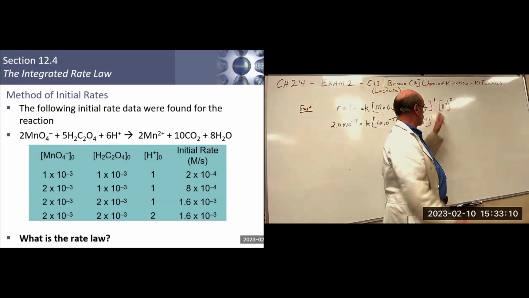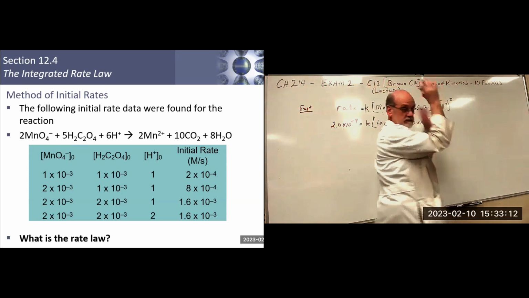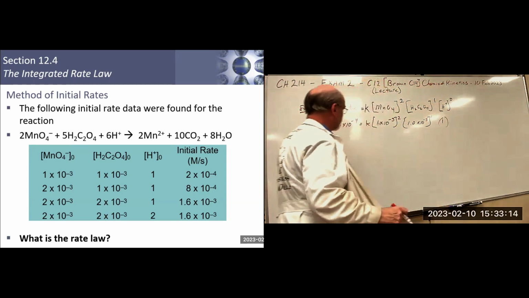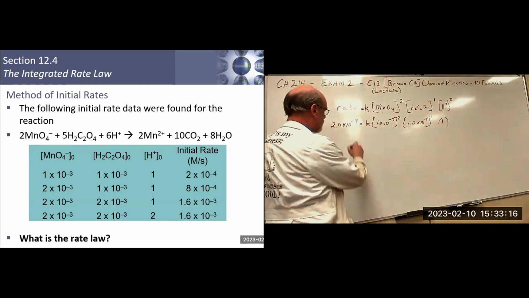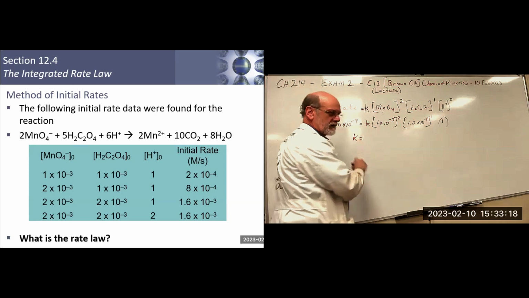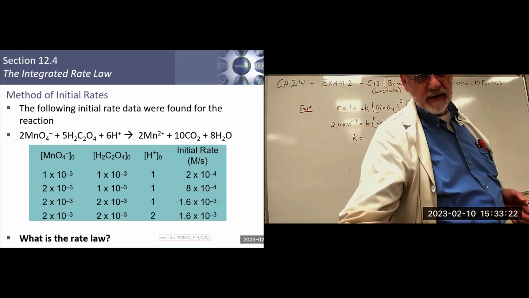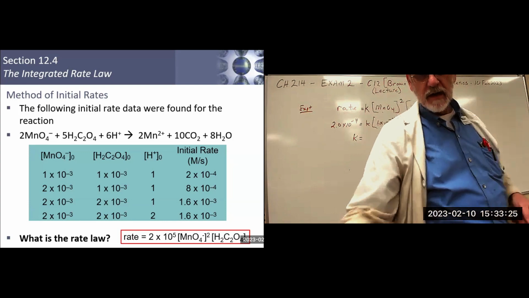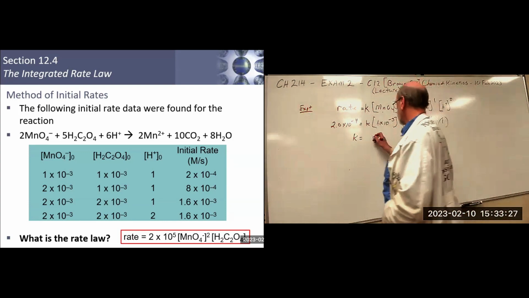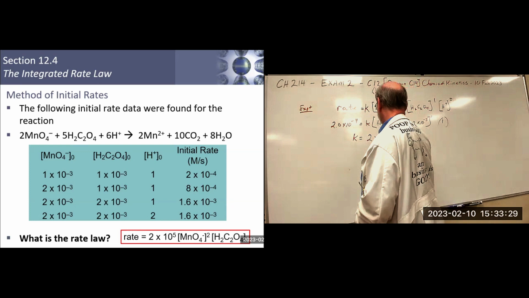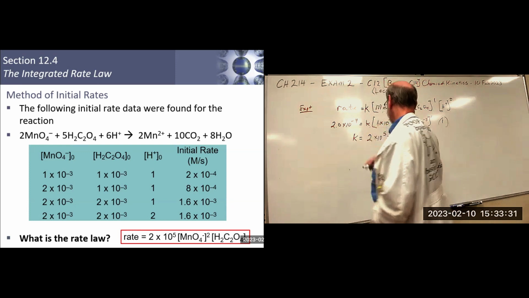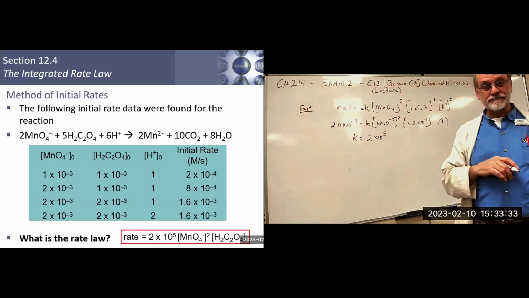Anything to the zero power is 1, right? So it doesn't matter. So if we solve this equation for K, I'm going to let them tell us what it is instead of having to stop and do the calculation. There is 2 times 10 to the 5th. All right.